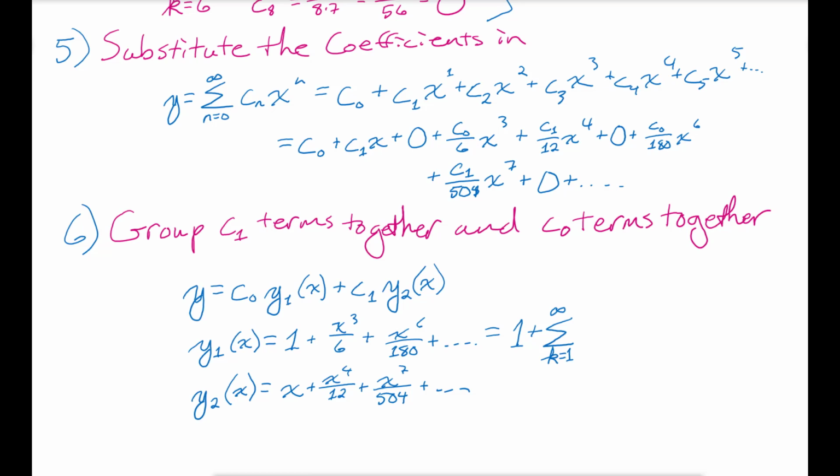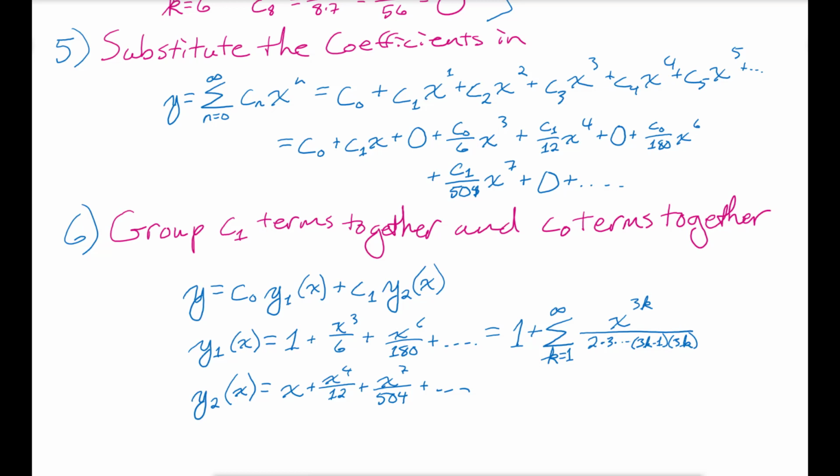And this is x to the 3k, divided by 2 times 3 times all of the values up to 3k minus 1 times 3k itself.